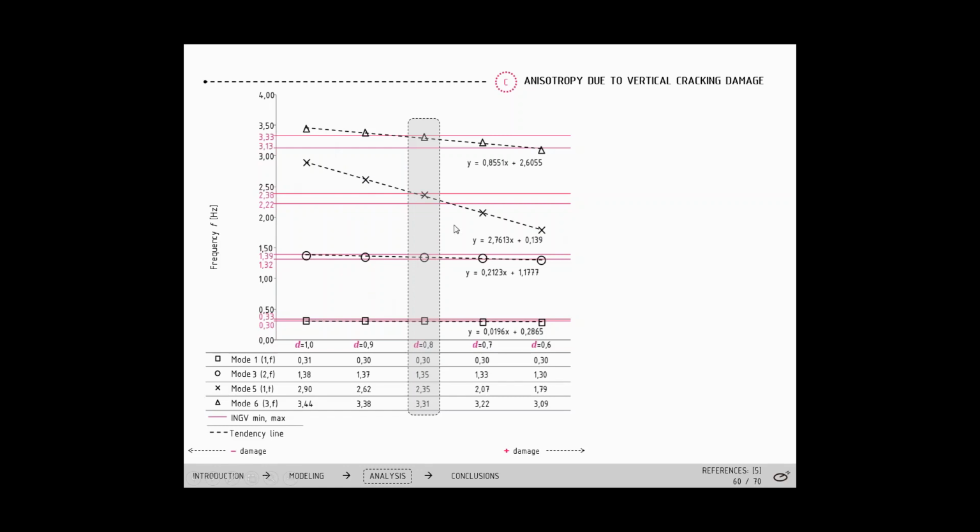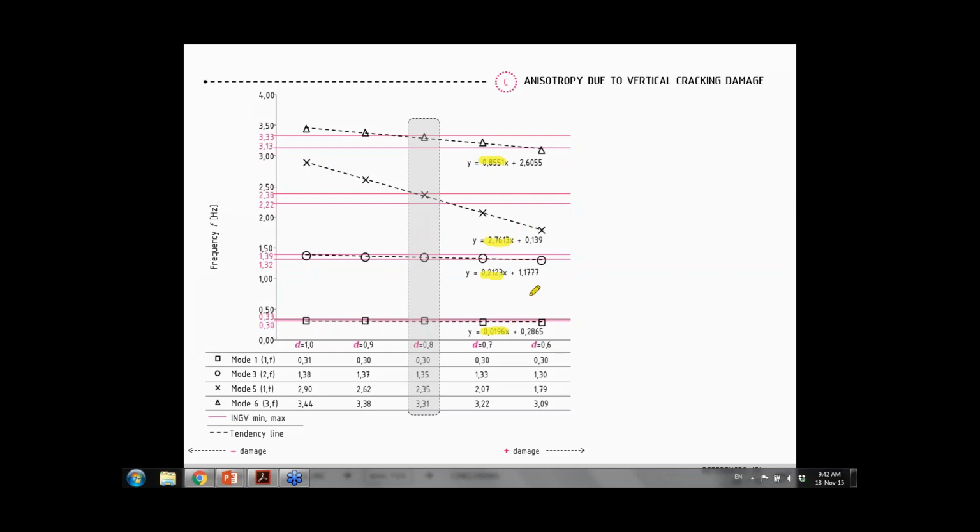We can see that the tendency line for the torsional frequency, this one right here, is much more significant than those for the bending frequencies, this one, and this one.